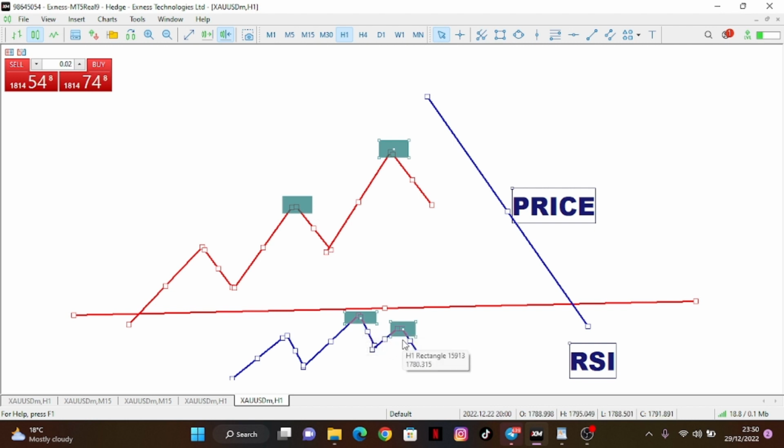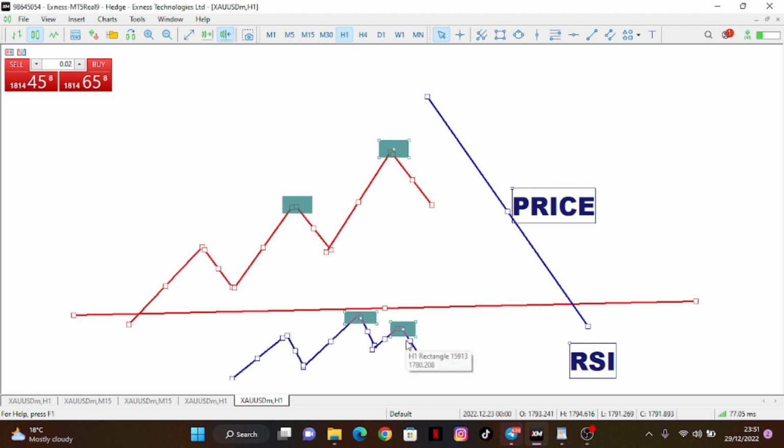Hence, once you spot this, you see your price is getting weakened. You start looking for a sell right there and then. So this is regular divergence in an uptrend.